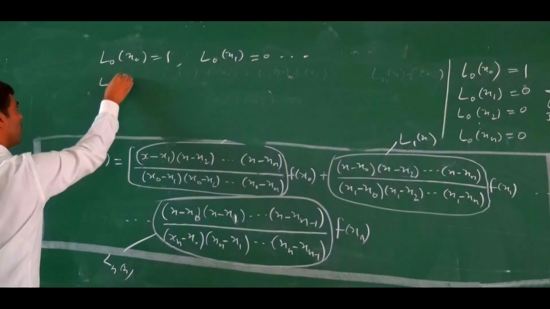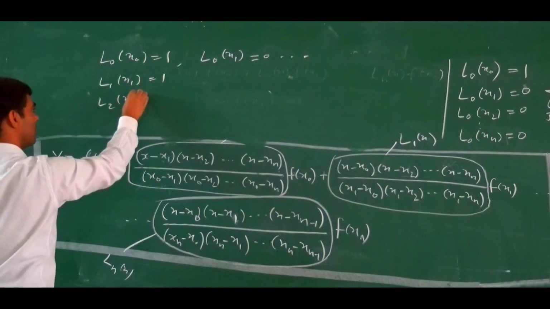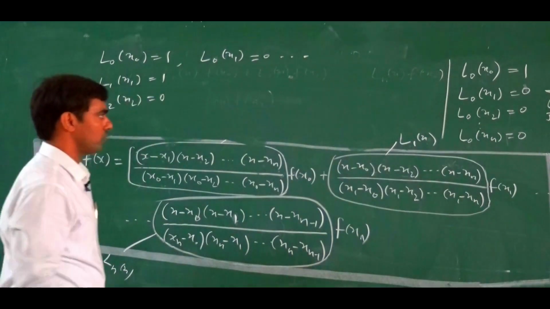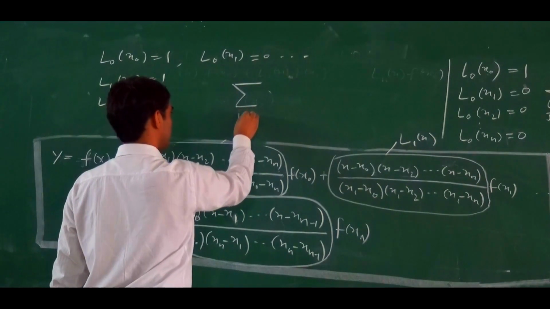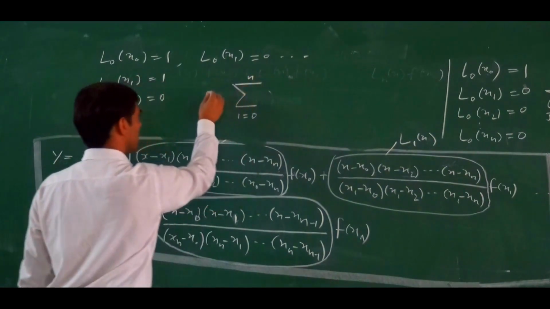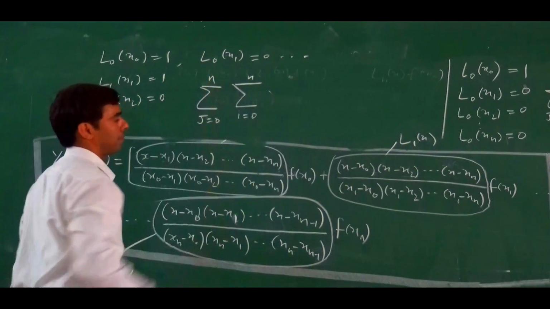Similarly, L1(x1) is 1, and L2(x2) is 1. If we write this in terms of a summation, i equals 0 to n, and second summation j equals 0 to n.